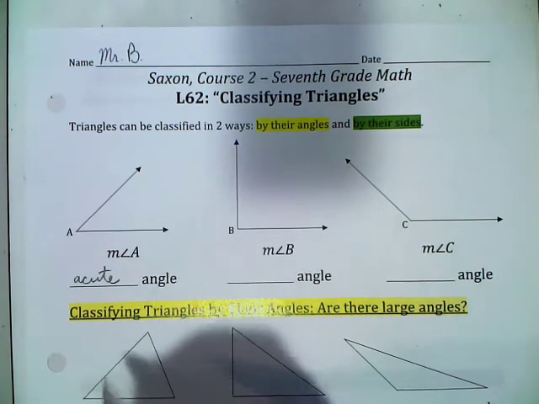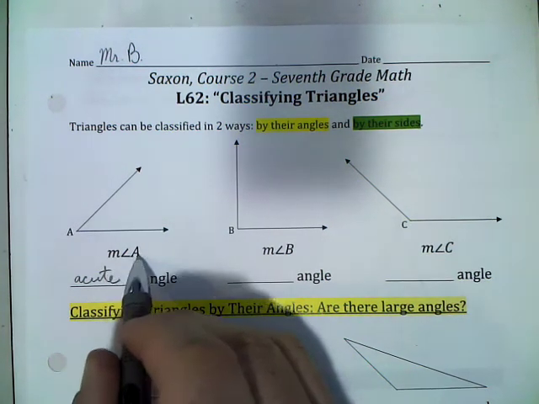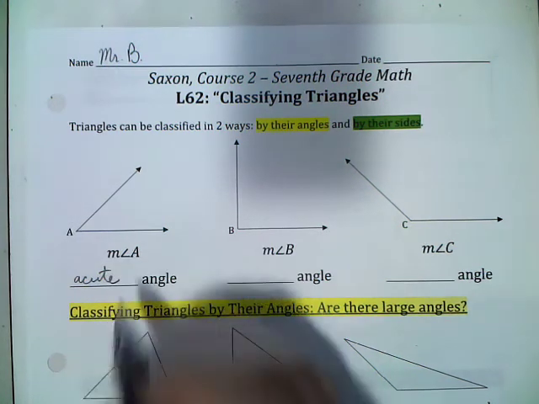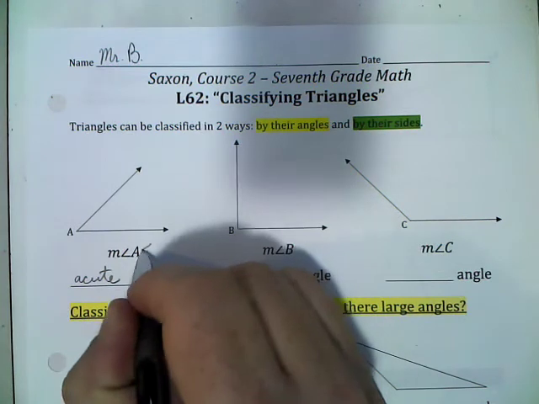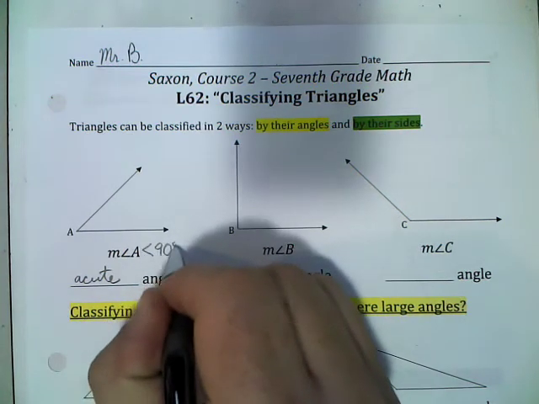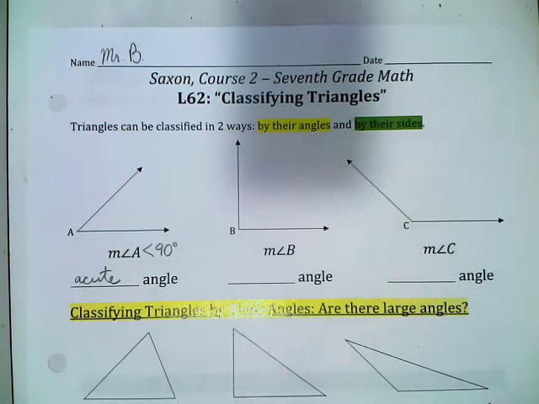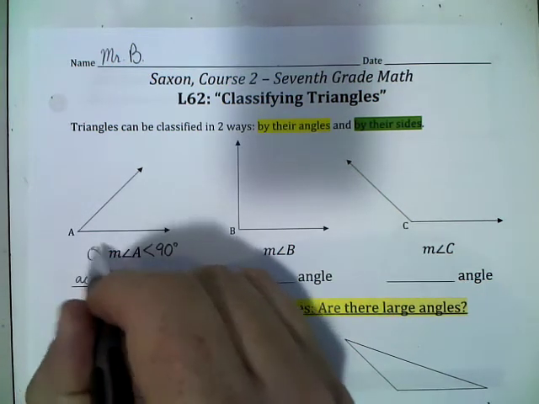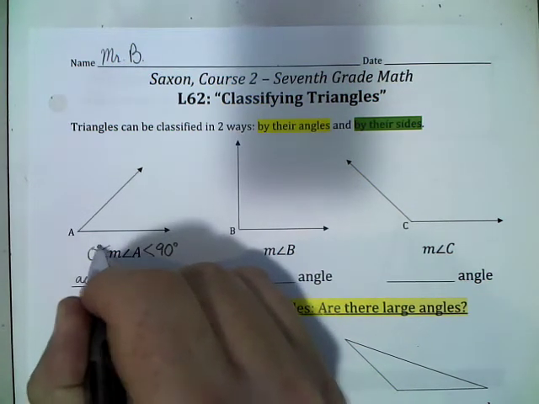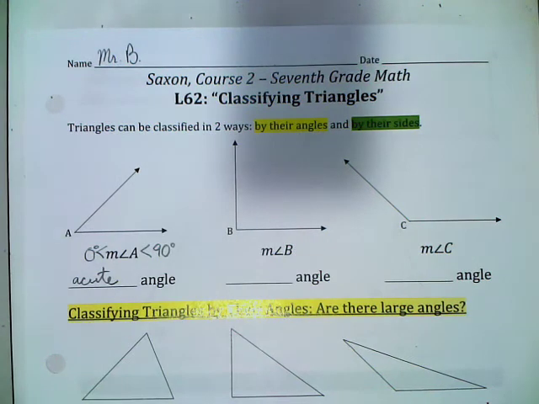Well, what makes it acute is that the measure of angle A, so that's how we talk about its measure, we put a little lowercase m in front of it, that the measure of angle A is less than 90 degrees. Now, if you've just said that, you're about half right, actually. It's not quite completely right, though, because the other side of this is it has to be greater than 0 degrees. So what makes it acute actually is the fact that it's between 0 and 90 degrees.